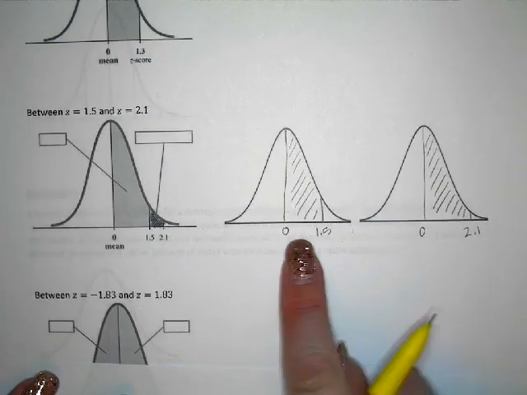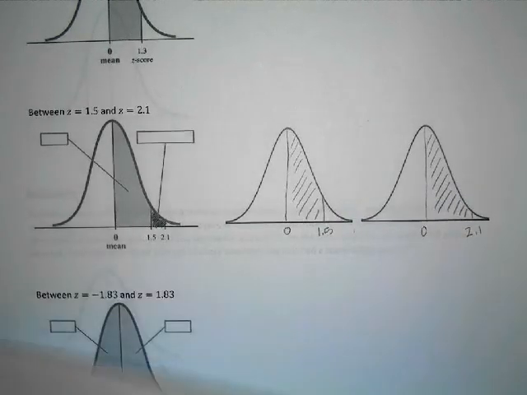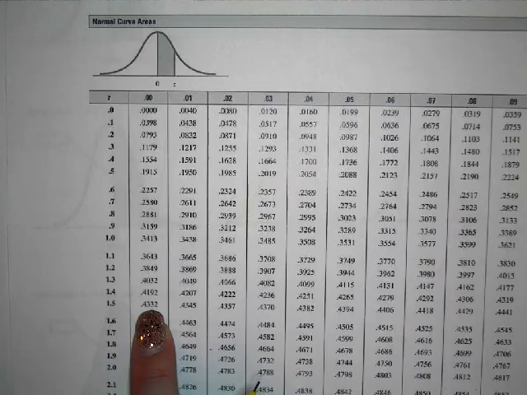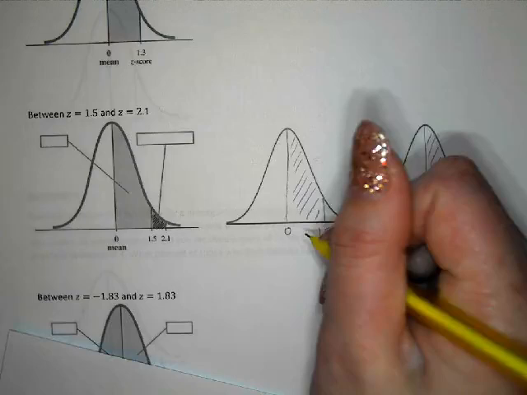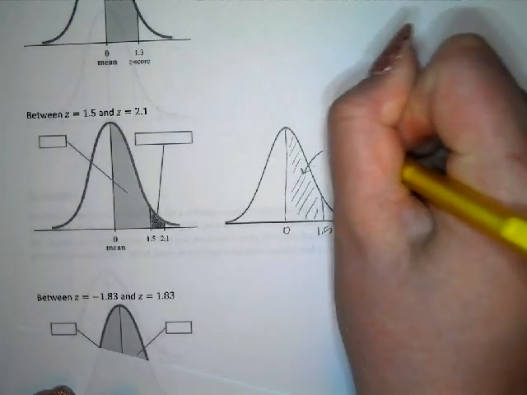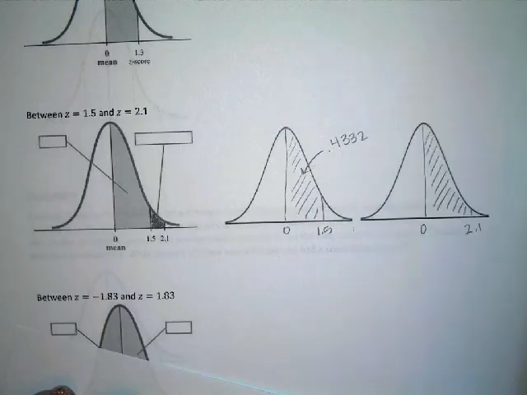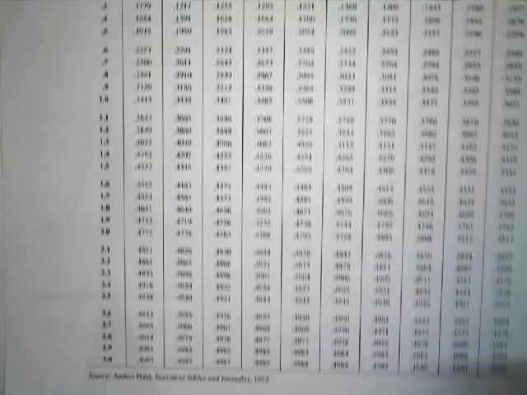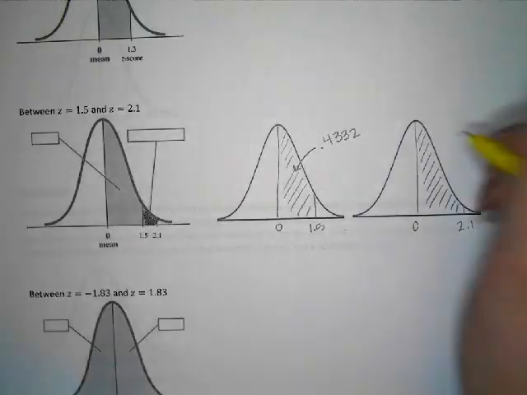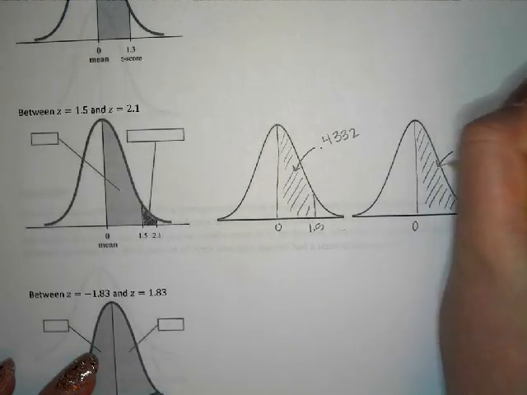The area between 0 and 1.5 is 0.4332. And then 2.1 is 0.4821.